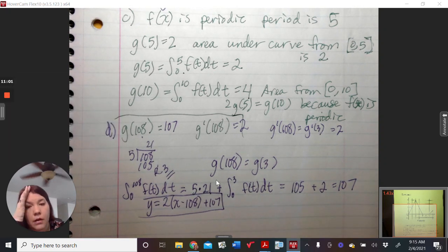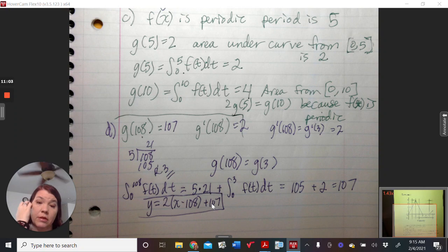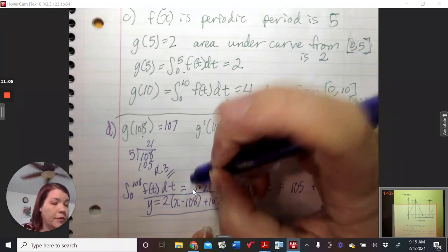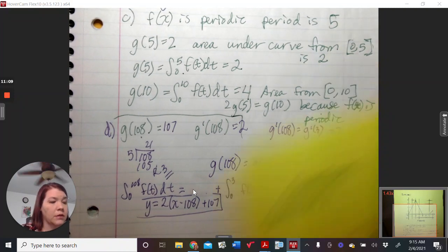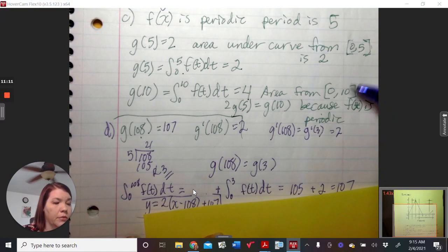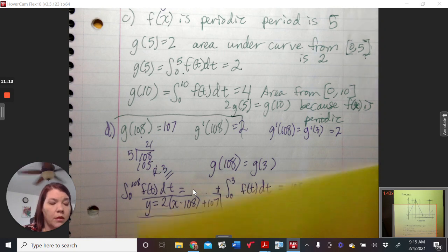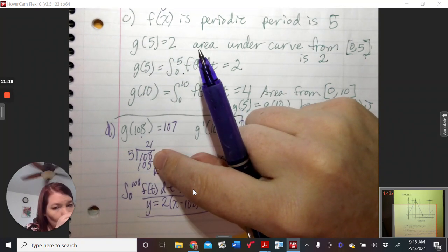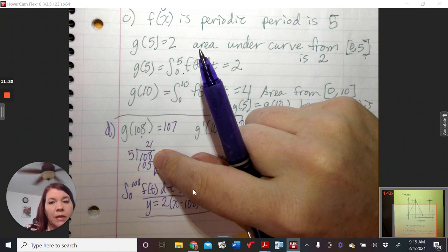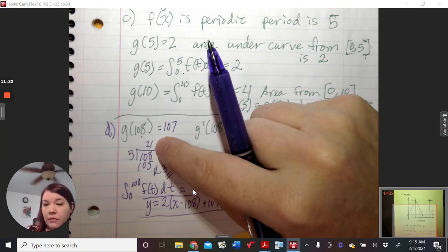Okay, I did do this a little bit wrong. This part is wrong, the 5 times 21. The area of each period of the curve is 2. So to go out to 108 means that I'm going to have 21 periods. So 21 times 2.